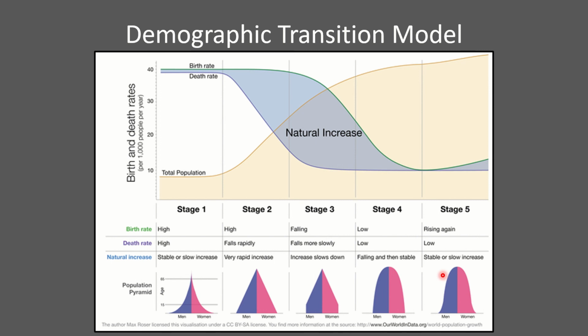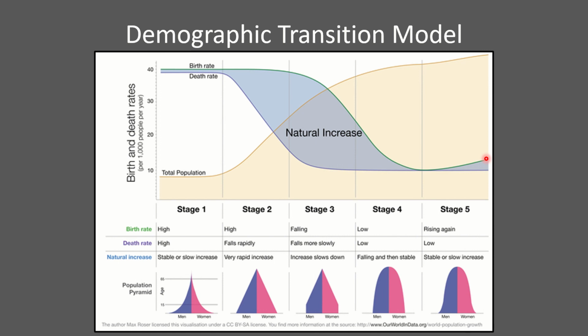And you might expect the birth rate to slightly pick up again. This is very much theoretical. And the reasons for that are that the economic burden might not be quite so strong for people living in stage 5 countries.